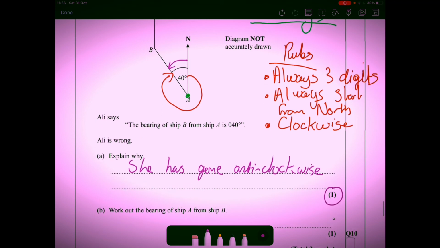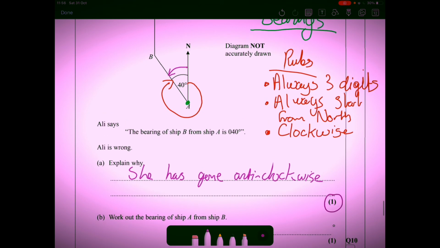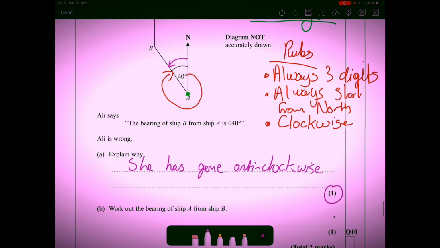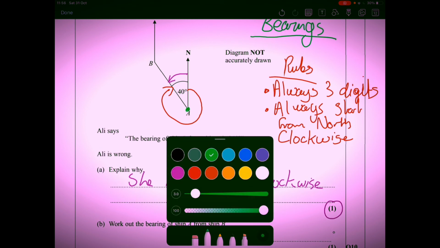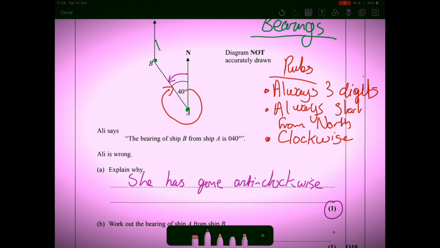Work out the bearing of ship A from ship B. So that's going of ship A from ship B. That means we're starting at B and going there.